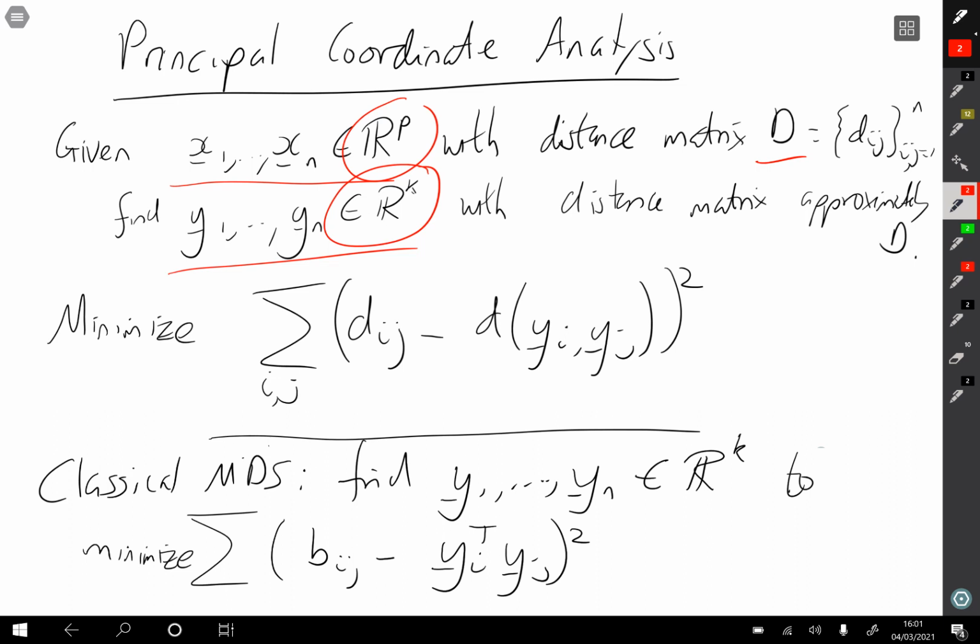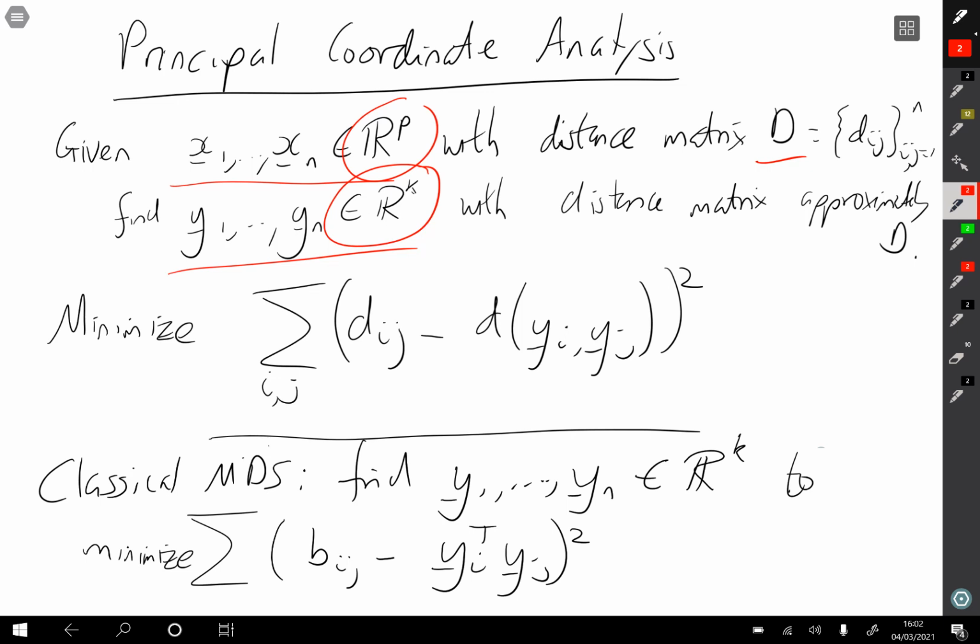We want to find the vectors y1 to yn to minimize the squared difference between the distance matrix elements dij and the distance between yi and yj. And here d might be Euclidean distance. It might not be Euclidean distance. It might be something else.